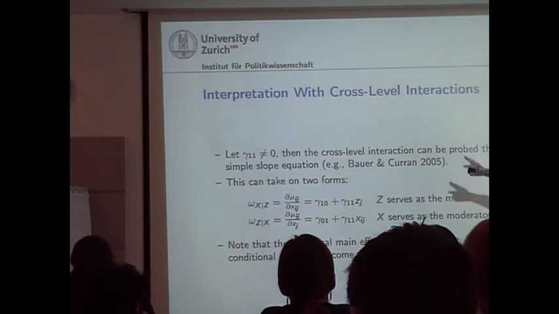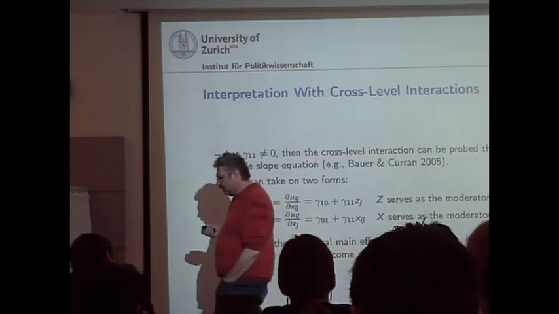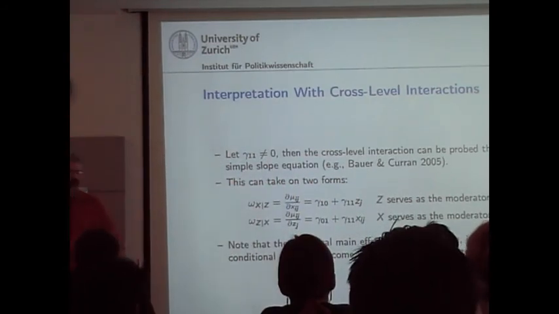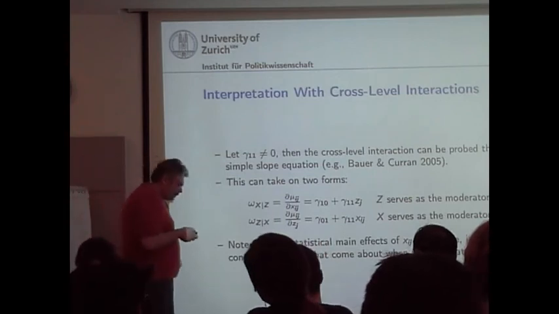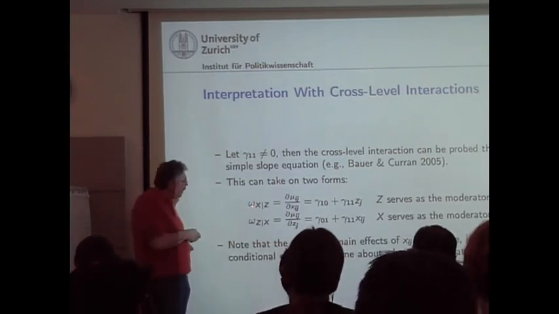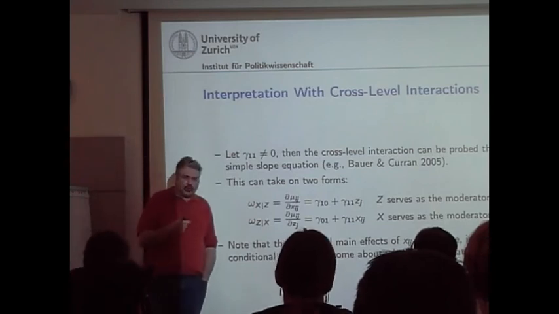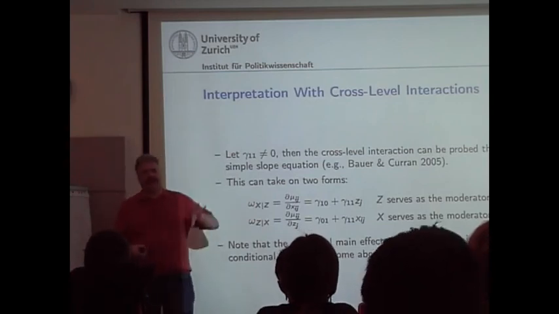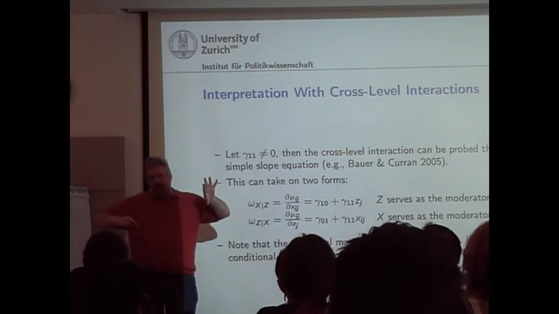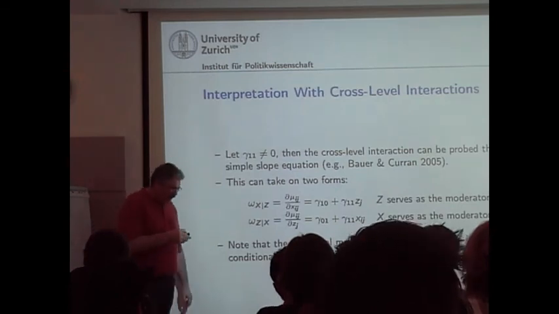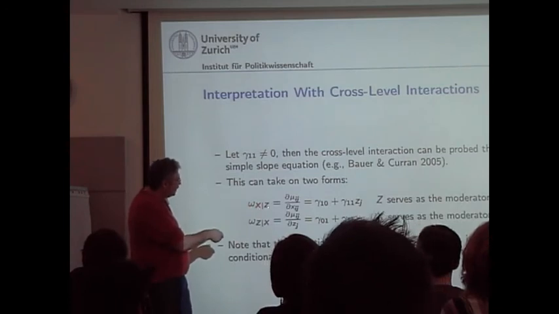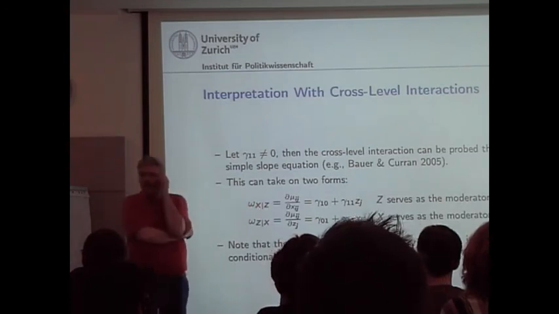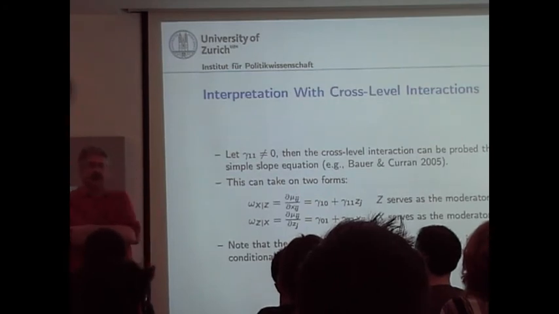There's a detailed discussion of all of this in the paper by Bauer and Curran, but the basics are over the next couple of slides. The simple slope is a conditional slope, that is to say it's the effect of one predictor given another predictor. And here is what it is for the effect of x given the level 2 predictor z.